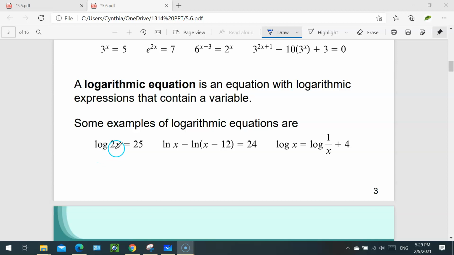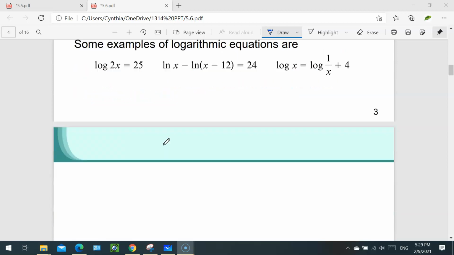So you'll see the unknown variable comes with the log form or the ln form. When you see the log, you know there's a base number, or if there's no base number, that means it's 10. When you see the ln, that means the base is a natural e value or e number.